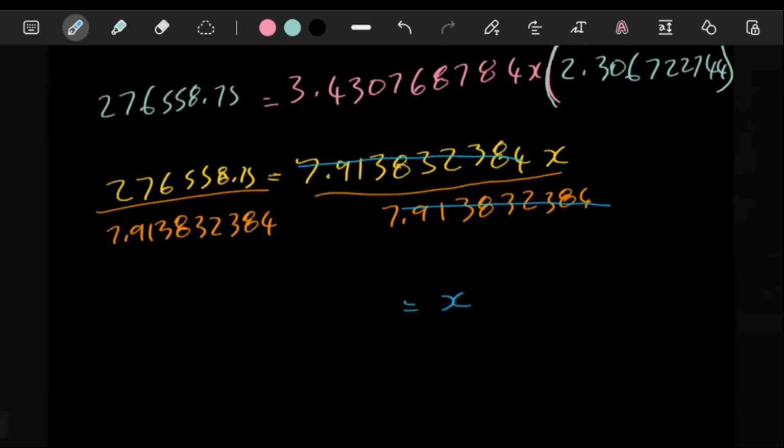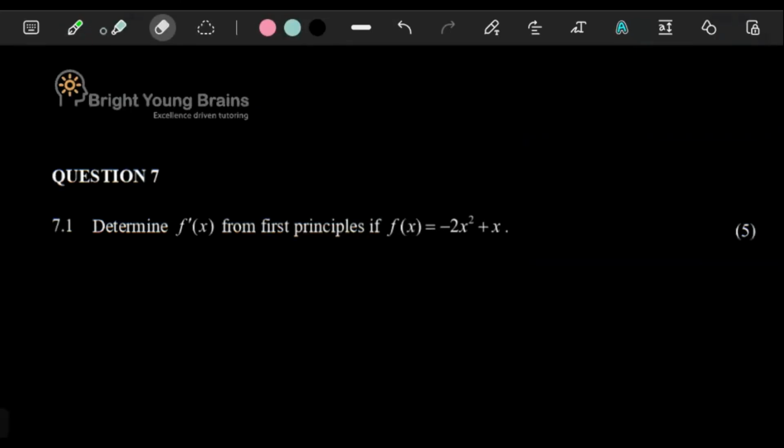Let's see what that is giving us. 276,558.75 divided by 7.913832384. Great. So our value of x here is 34,946.25.